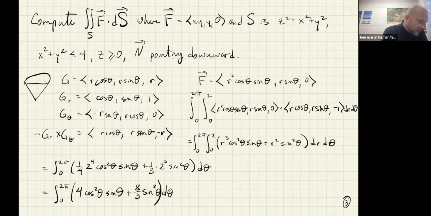Now, I'm going to make a quick point here. If you have to integrate bunches and bunches of sines and cosines, if, for example, you ever have to do Fourier series stuff, there are some tricks about integrating 0 to 2 pi for sines and cosines. Here, with this one, you would end up doing a u-sub, where the u is going to be equal to cosine of theta, and the du would be minus sine theta d theta.